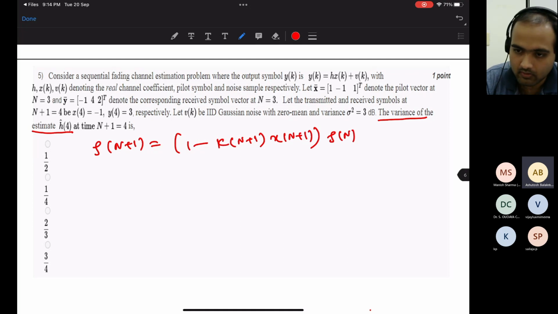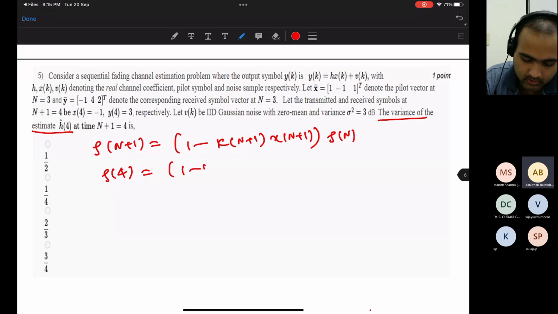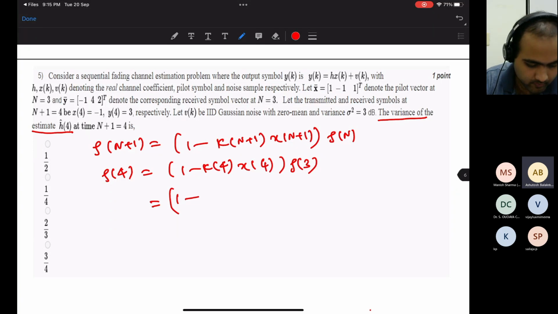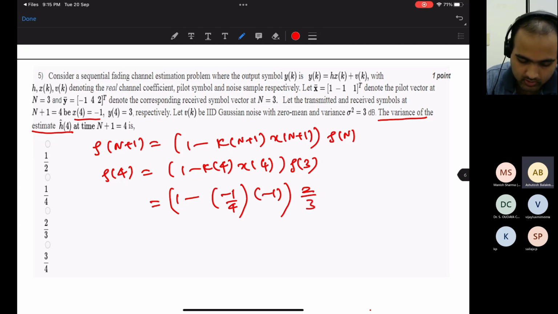So rho of 4 will be 1 minus k4 x4 rho 3. So what is k4? k4 is minus 1 by 4, which we computed earlier. x4 is given in the question as minus 1. And rho of 3, we computed as 2 by 3.